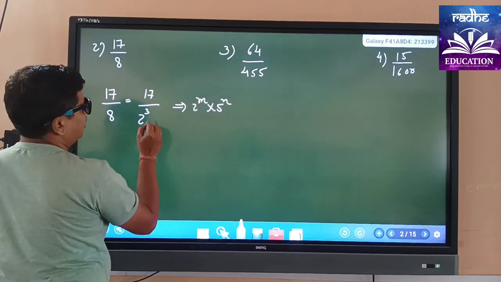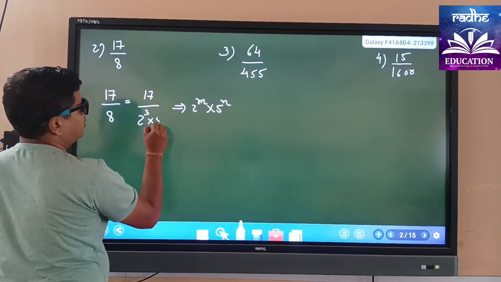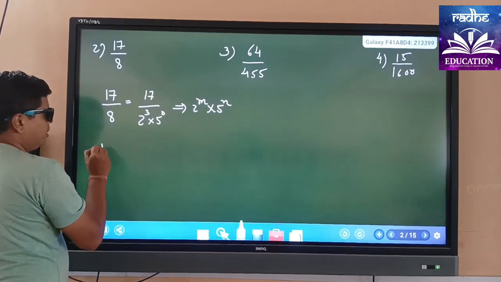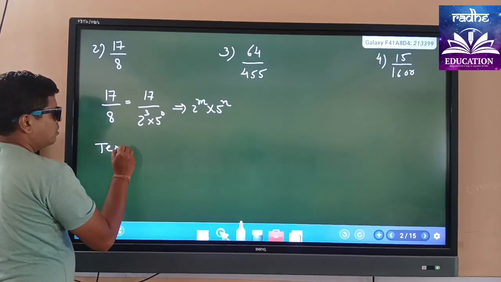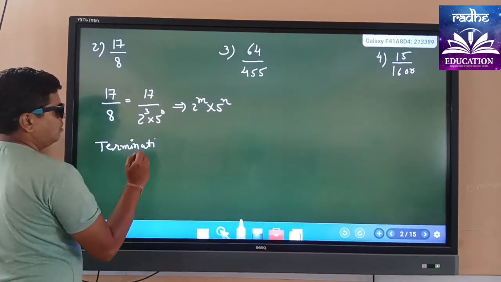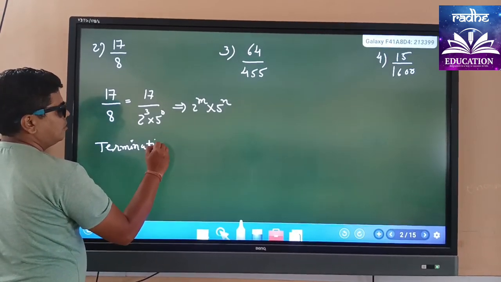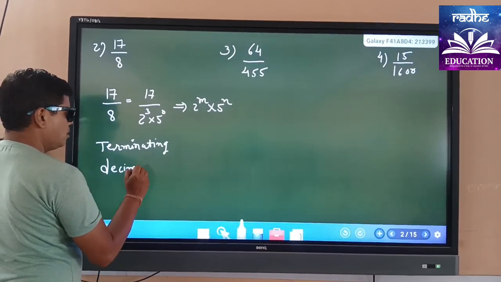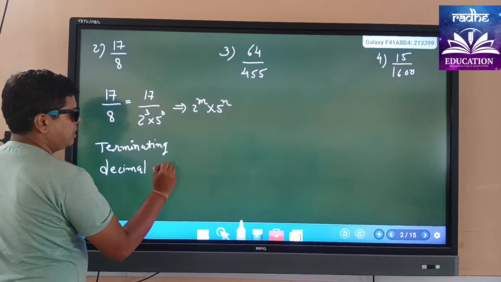Okay, but here 5 is not there, so we are adding 5 raised to 0. So we can say that it is a terminating decimal expansion, correct?